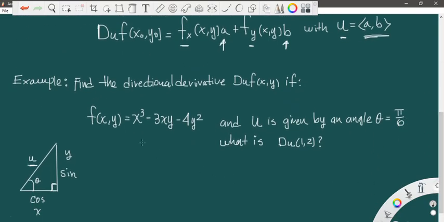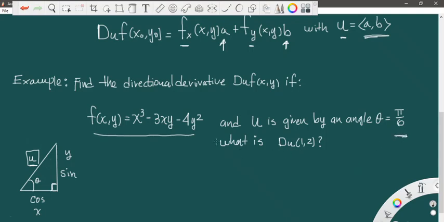Okay, so let's find the directional derivative of this. Let's work an example, and let's work this D sub u of a function f of x and y, and let's say that this function is equal to x cubed minus 3xy minus 4y squared, and this is the function, and the vector u or the directional vector for this is given by an angle theta, which is equal to pi over 6.